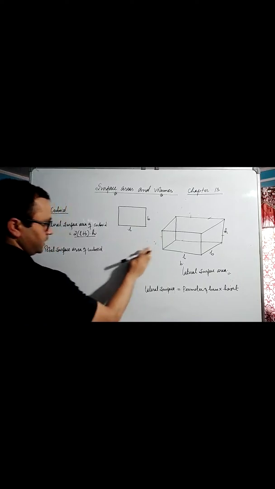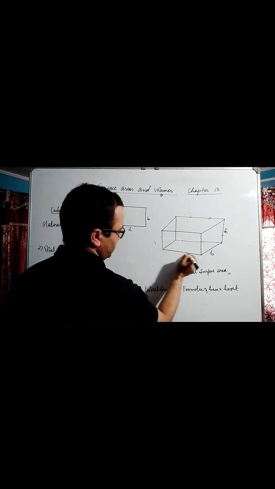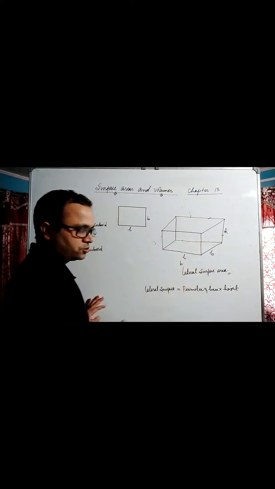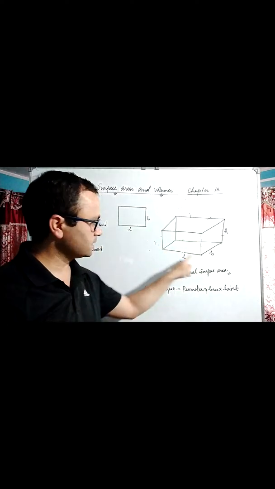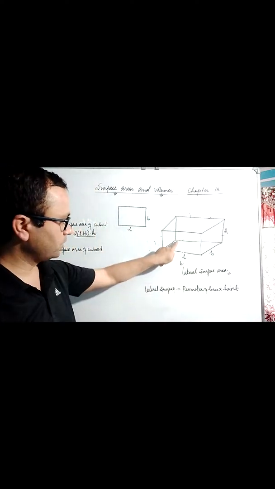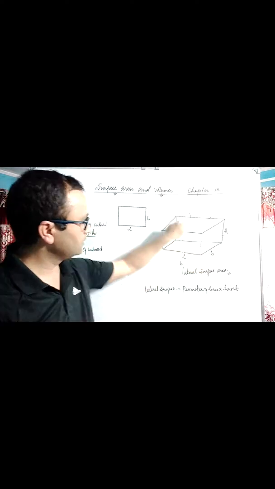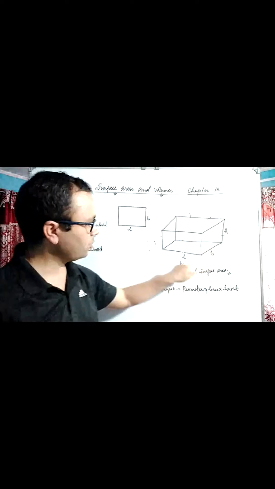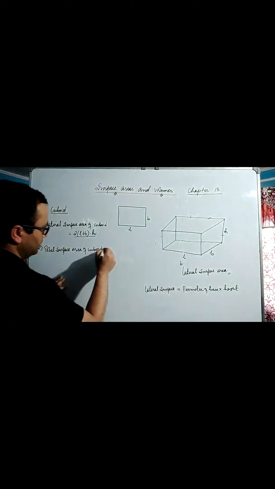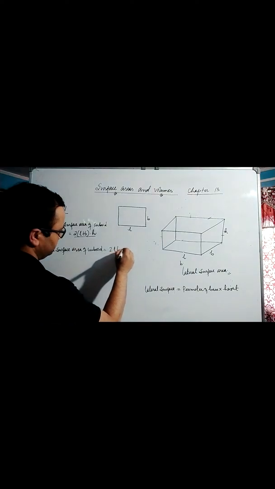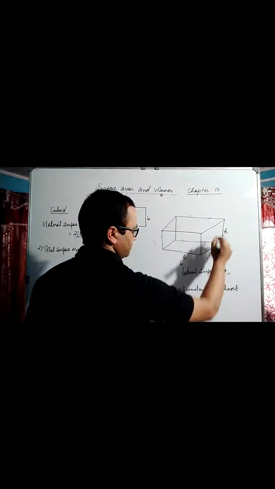For total surface area, this base is L into B. The area of each part is length into breadth because each face is in the shape of a rectangle. This part is L into B, this part is also L into B. So there are 2 L into B, plus this is B into H.